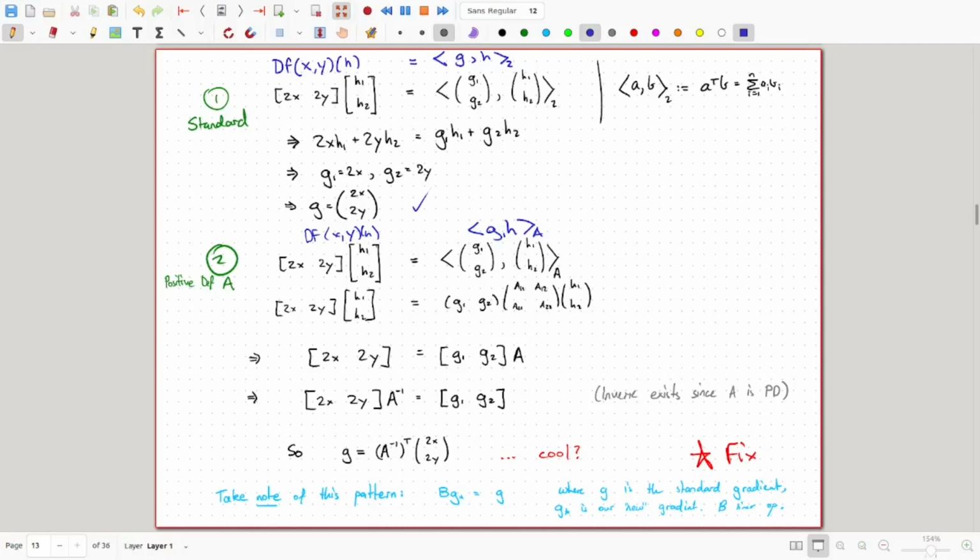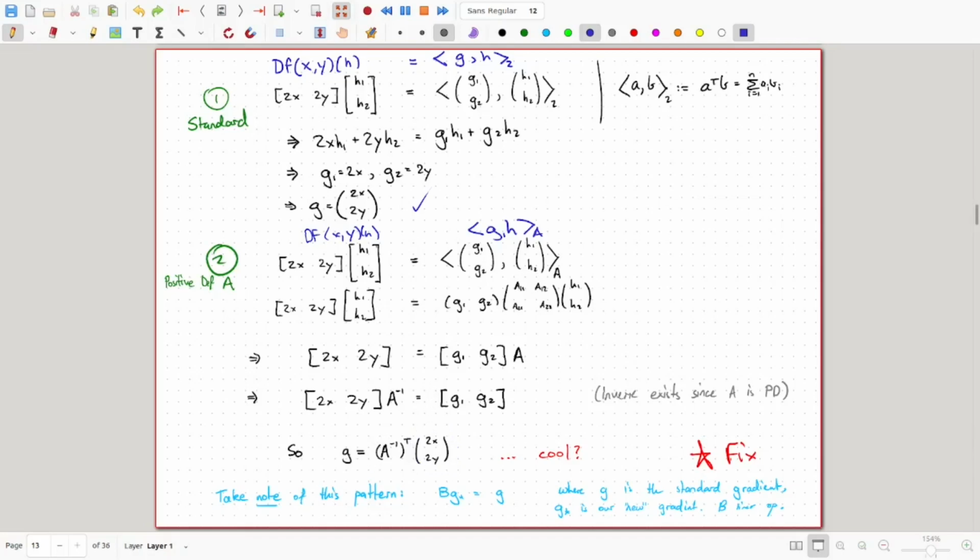After shuffling things around and doing a little bit of algebra, what we get is that our gradient vector g is equal to A inverse, which exists since A is a positive definite matrix, transpose, times this vector 2x, 2y.